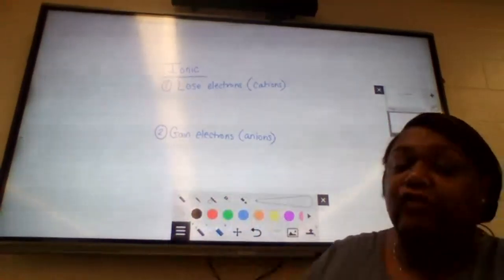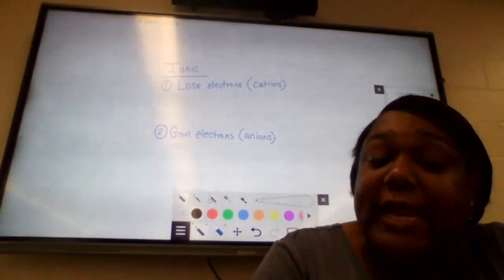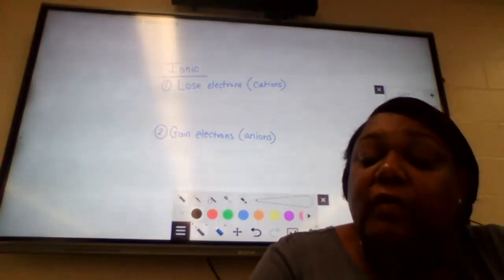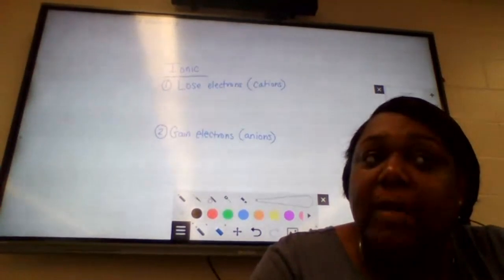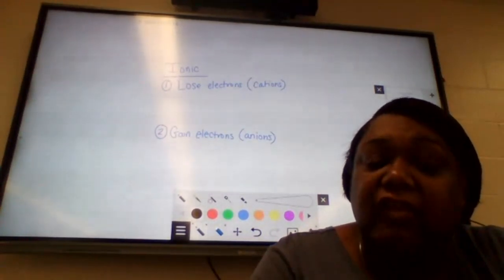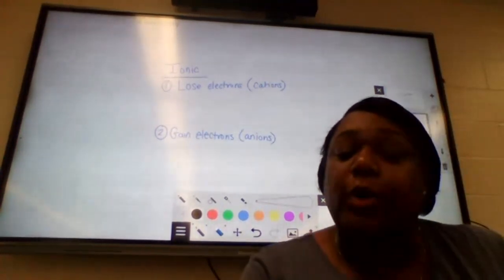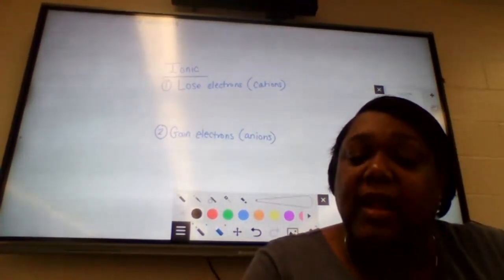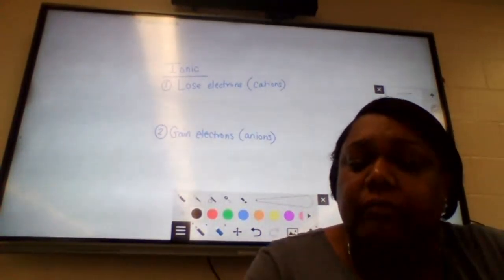When I gain electrons, I form a negatively charged ion or an anion. Now, the biggest thing that you need to remember, again, is we're talking about how many protons and electrons we have in relationship to one another. If you have more protons, then you'll be a cation. If you have more electrons, then you'll be an anion.